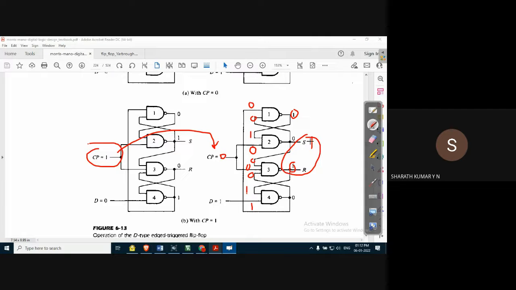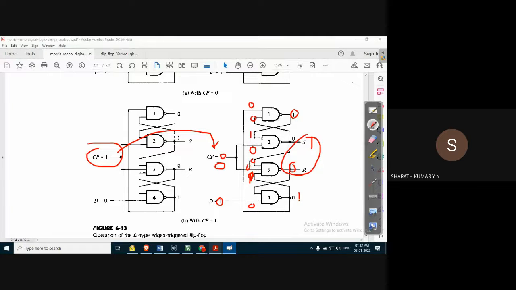For the same SR condition of 1 1, if the clock pulse continues to be 0, let us analyze it for D equal to 0. Clock is 0, D is 0. What will happen? This is 0. Because of this, this becomes 1. That means this is 1, this is 1, clock is 0. Let us take this as initially it was 1 and 1.